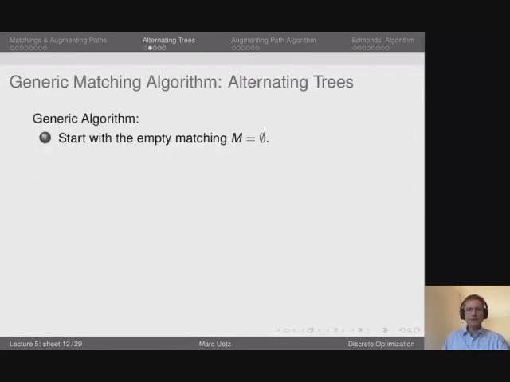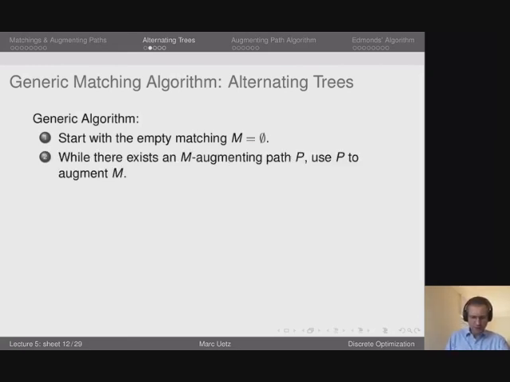And the generic algorithm is just exactly like for maximum flows actually. So we start with the empty matching, and as long as we find M augmenting paths, we are not optimal, so we can still continue, and that's what we do. So while there exists an M augmenting path P, we use it to augment the matching by exactly one edge. So the only question really is how to find these augmenting paths with respect to the current matching.